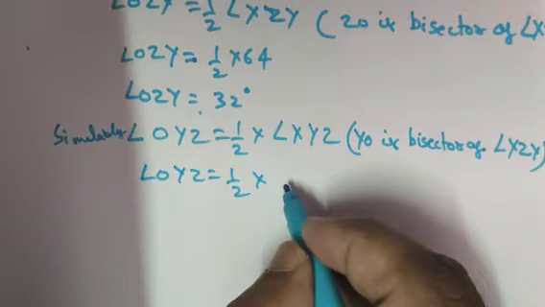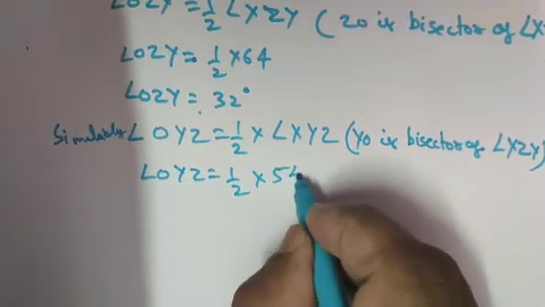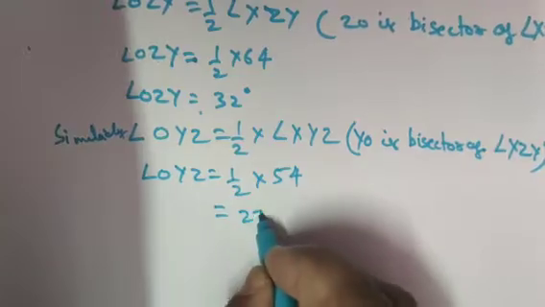XYZ is 54 degrees, so it will be 27 degrees.